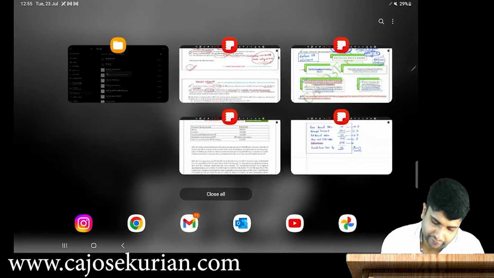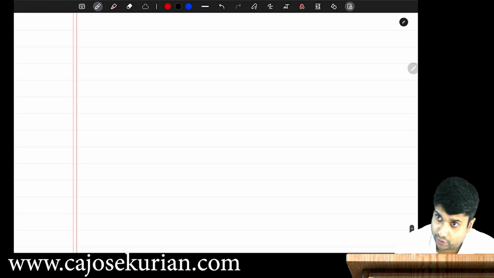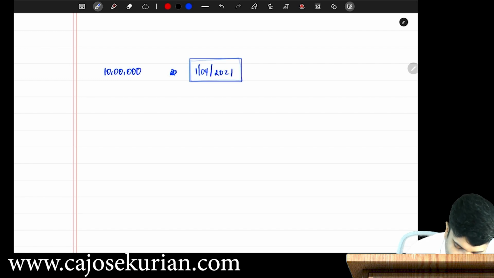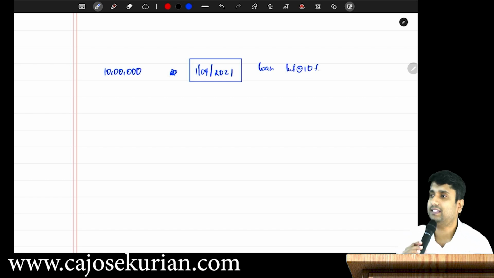We will take some figures for a better understanding of this. Say for example, I took a loan of 10 lakh rupees on 1st April 2021, and the interest is 10%.